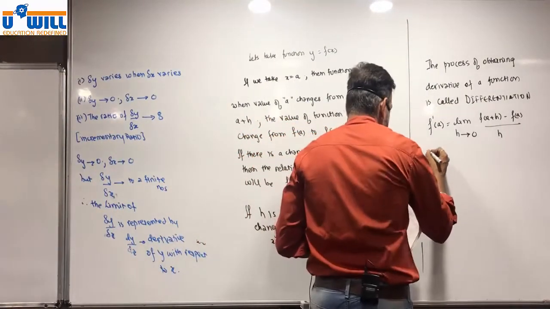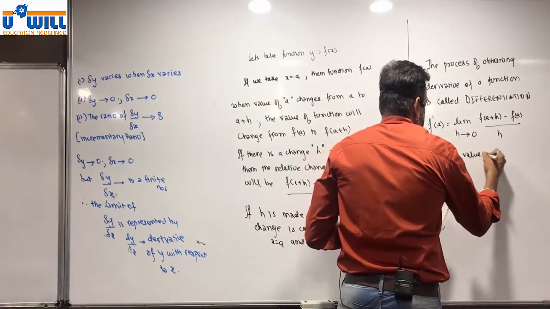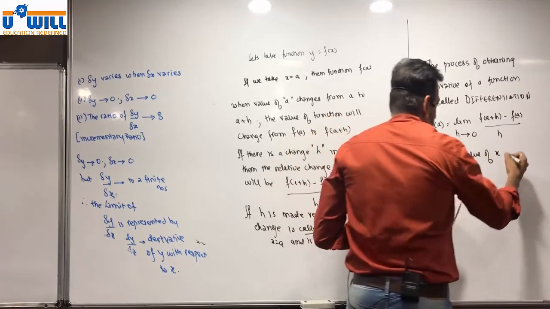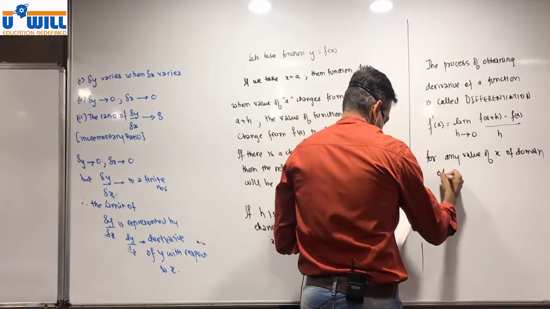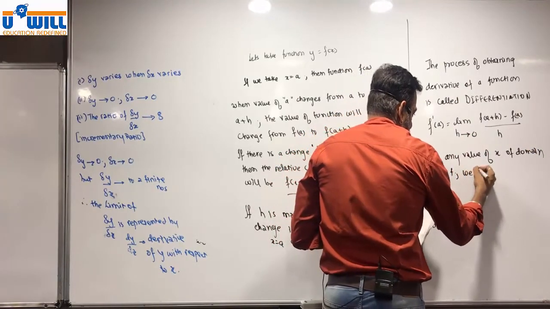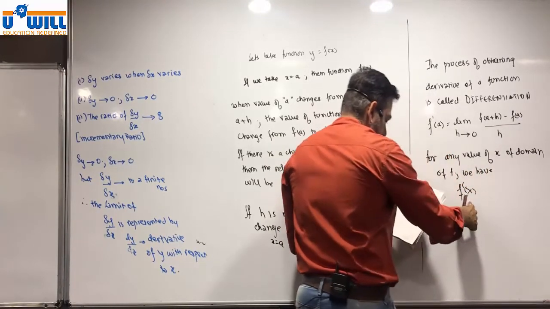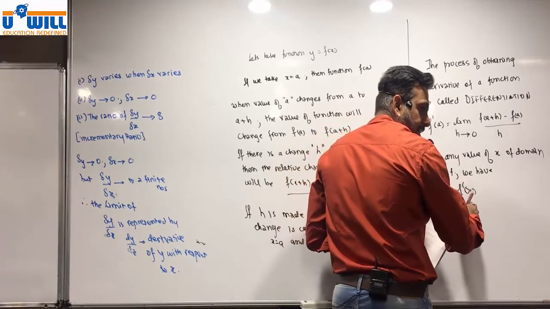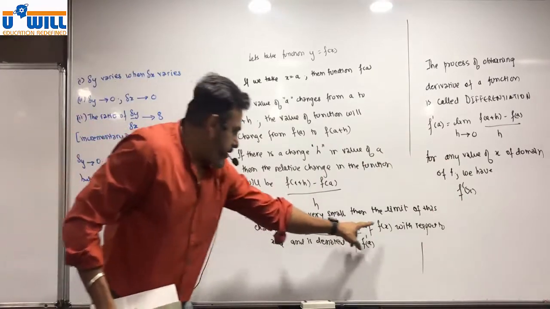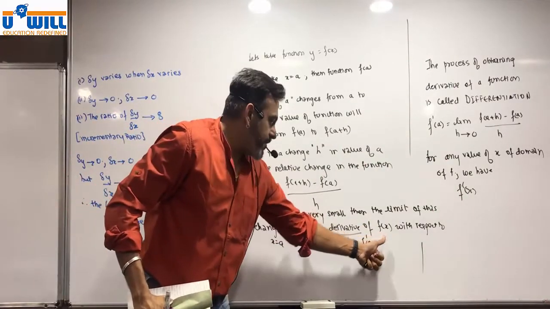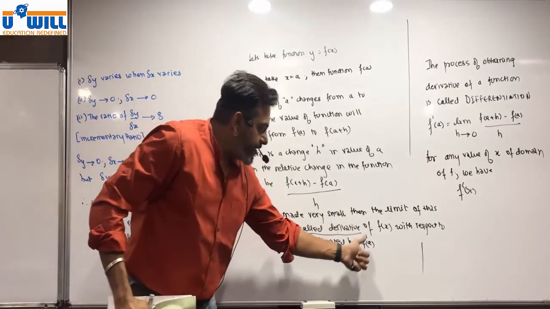Continue करो इसमें. For any value of x of domain of f, we have f dash x. What is f dash x? Derivative. यहाँ पे लिखा था. Limit of change is called derivative of function f. It's denoted by f dash a. Okay, if x is a, it is f dash a.